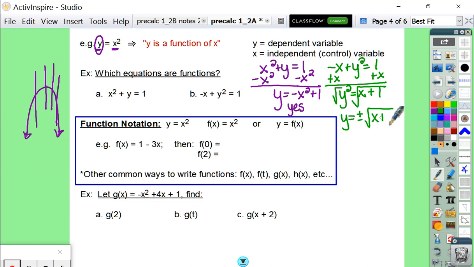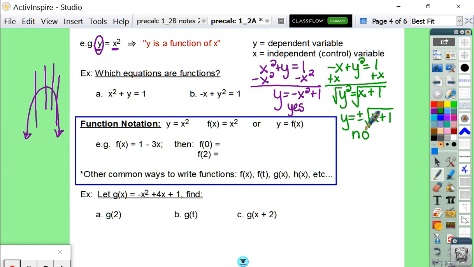Now all of a sudden I get two outputs because I have a positive and a negative answer. So this is not a function. So we find that if we end up with something like a y squared or a y to the fourth when we solve for y, it's not going to be a function, because I'm going to end up with those plus minuses.